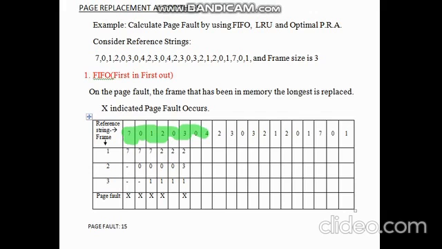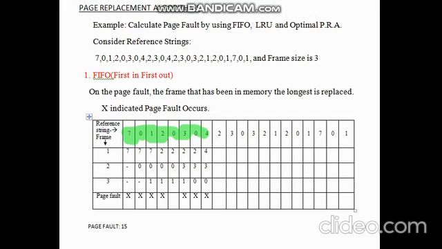Now the CPU demands page number 0, which is not currently present in main memory. So 0 replaces 1 because 1 is first in. So 1 will be swapped out and a page fault will occur. Now the CPU demands page number 4, which is not present in main memory.